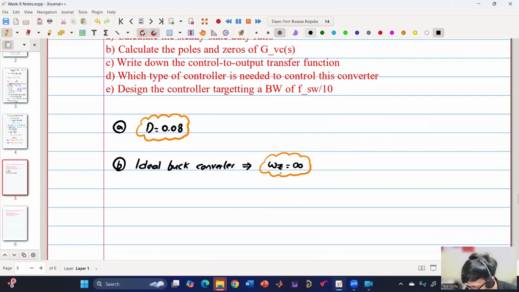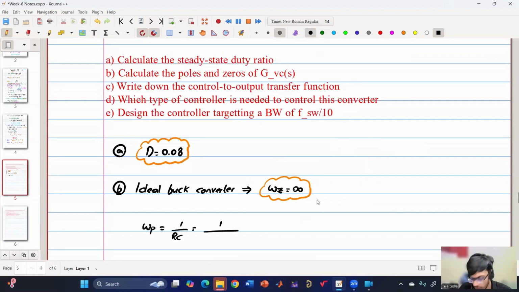Omega p is 1 by RC, and R is 0.05, or I can say 1 by 20, and capacitance is 10 to the power minus 3. So it is 20,000. Yes, you're right. So omega p is 20,000.